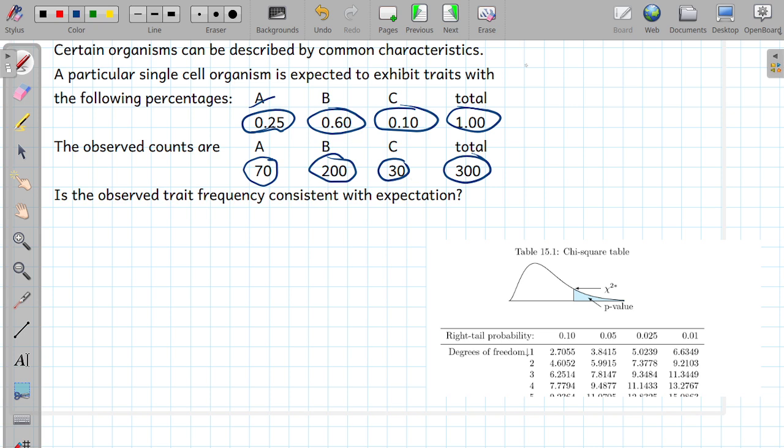So again, the null hypothesis is that the data fit the model. And the alternative is they do not. The data do not fit the model.